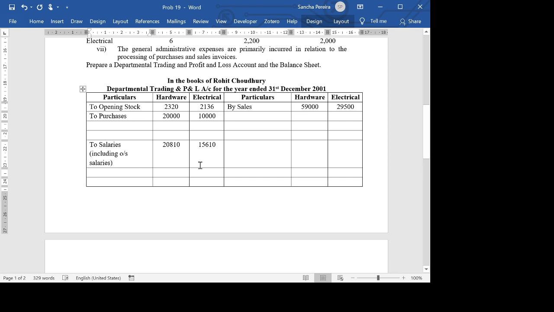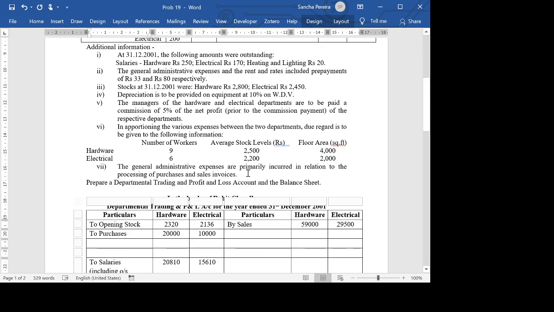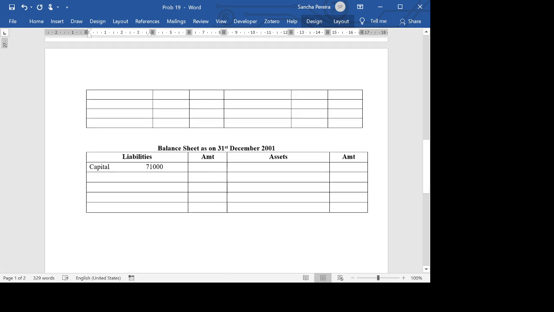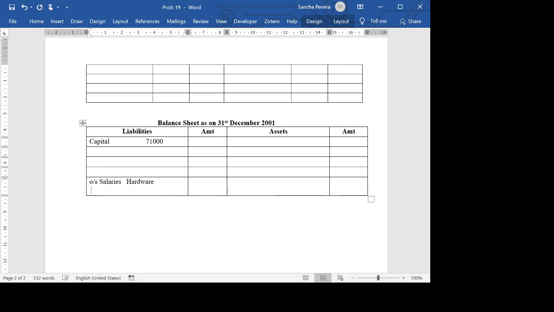We normally don't show add salaries because then the calculations will become difficult, because we are doing two columns here. So either do it as a working note or directly add it here. Now this outstanding salaries will also have a second effect in the balance sheet because it's a liability. So I'll show that right away. I'll leave some space for net profit and drawings, and I'll show outstanding salaries of hardware and electrical.